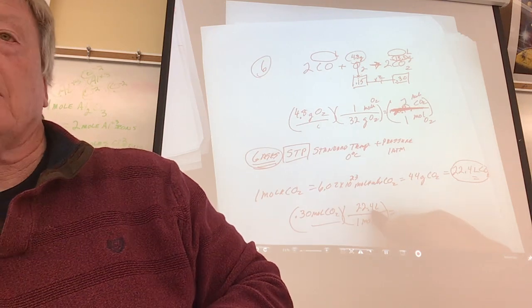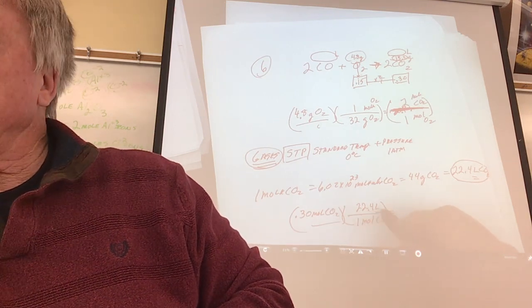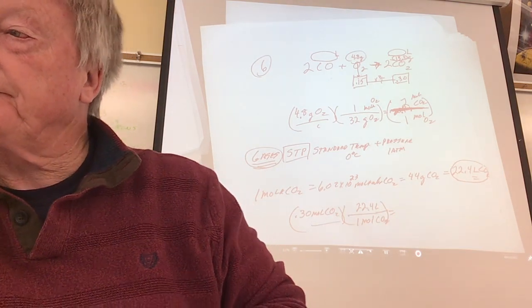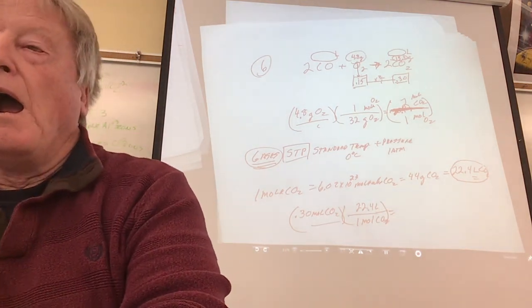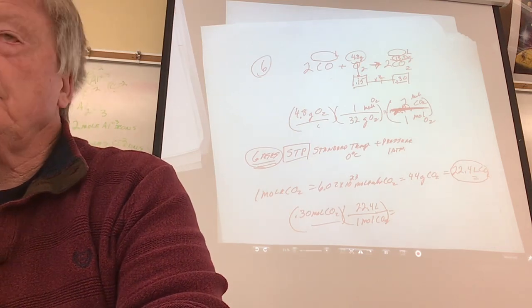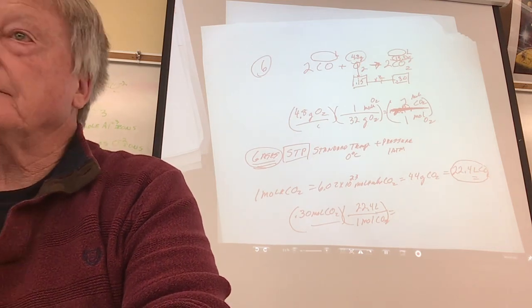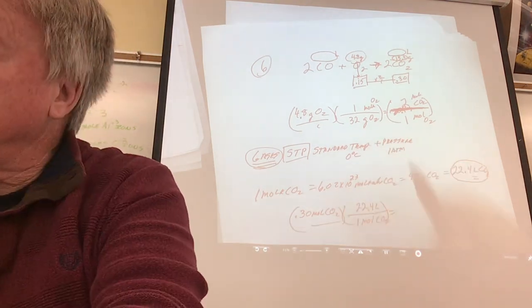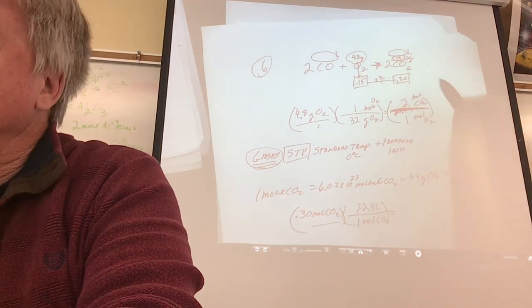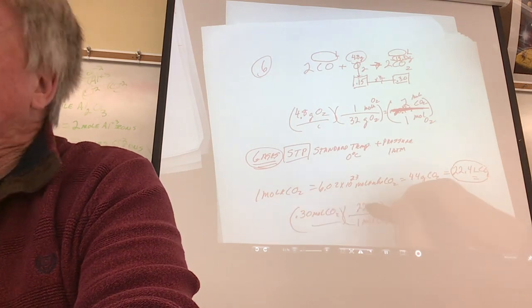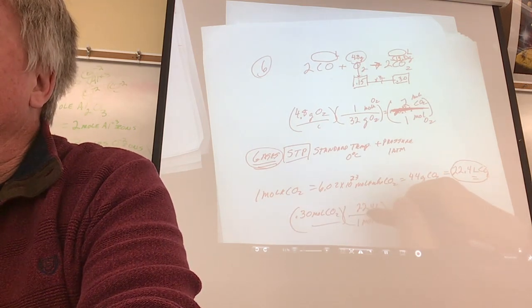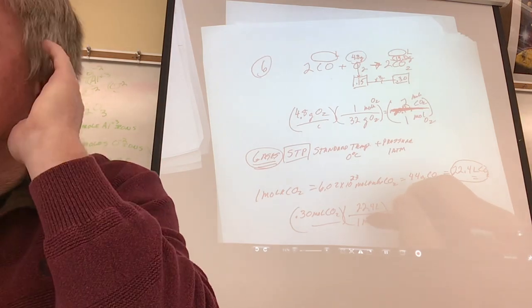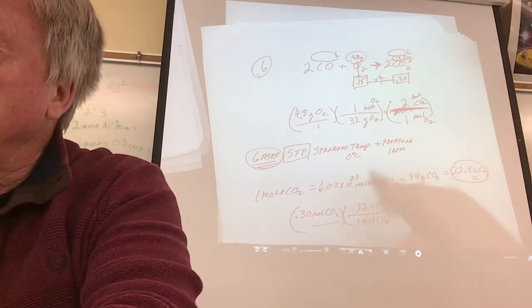All right, need a hit on the calculator. 22.4 times 0.3. It's going to be about 8 something, isn't it? Not 8, but 6. 6.72. Okay.